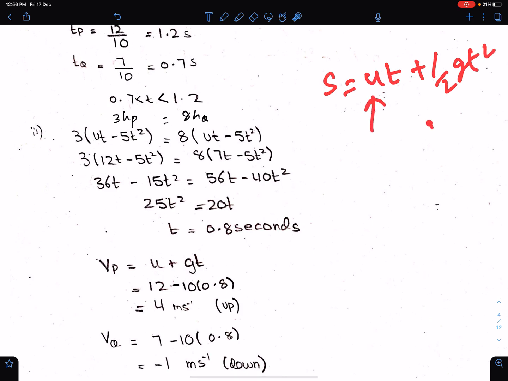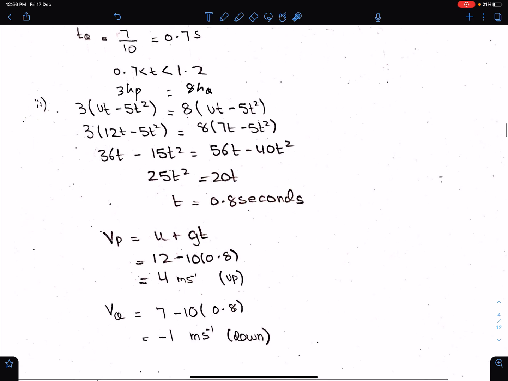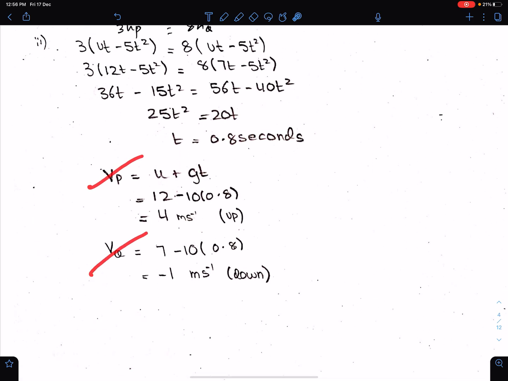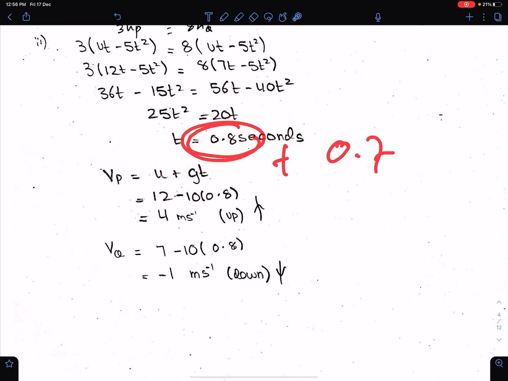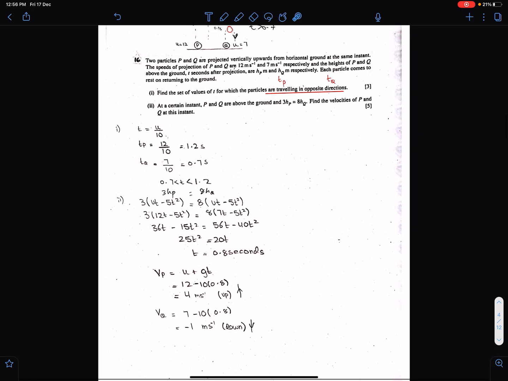We have u, we have g as minus 10. We can easily get the value of t. Now we just need to put this value into this equation and this equation. So velocity of P is 4 and it is moving in upward direction, and Q is minus 1, that means it's moving in downward direction. And this shows after 0.7, both particles are moving in opposite directions. You can check this solution again if you want.